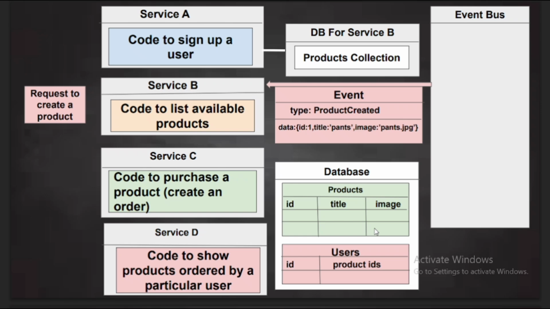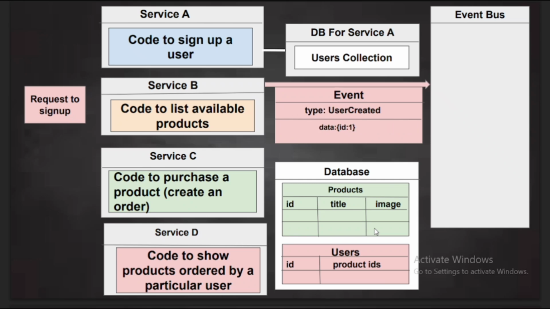So let's now go through the same process and imagine what would happen when a user signs up to our application. Suppose a little bit later, after we create that product, we have updated some terminology. For the DB for service A, we have the user collection.